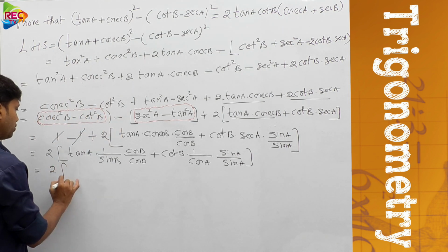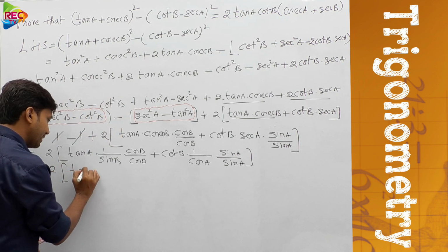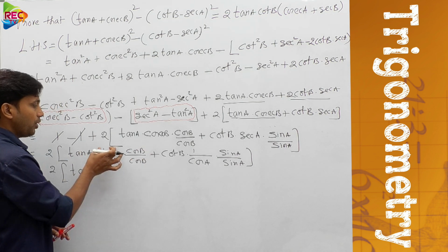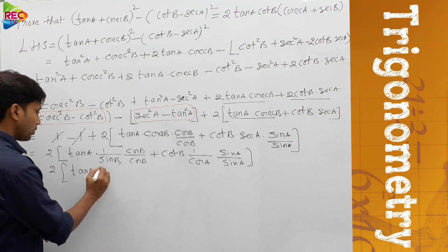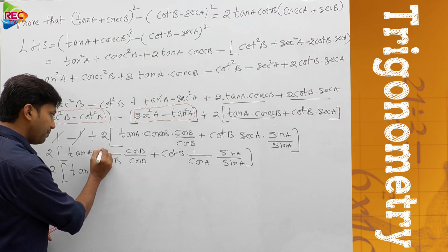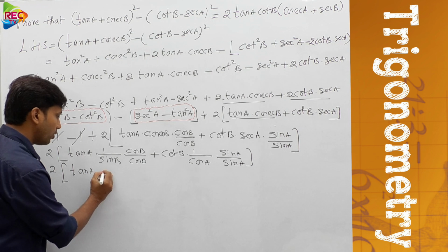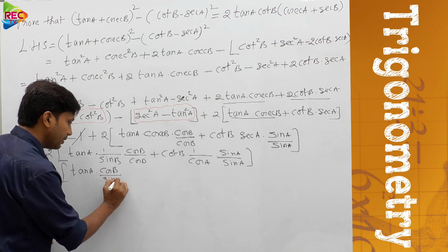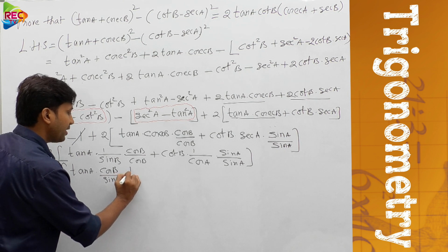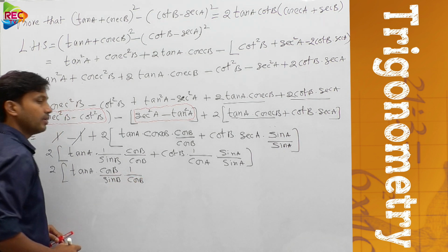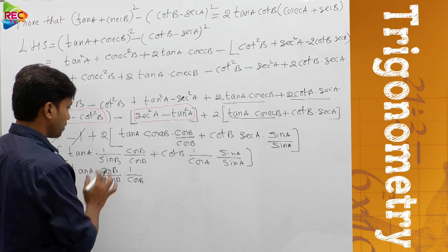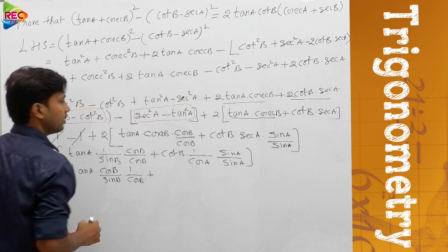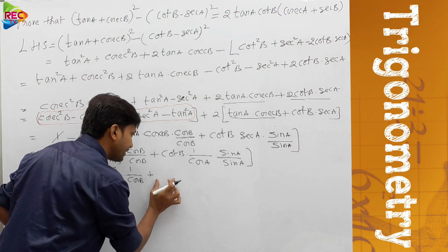Now do one more small arrangement in these terms. Now this is 2 into tan A, write as it is. Now I want to write this cos B over here. So write this cos B by sin B. Can we write this here or not? Cos B by sin B into 1 by cos B, plus cot B as it is.